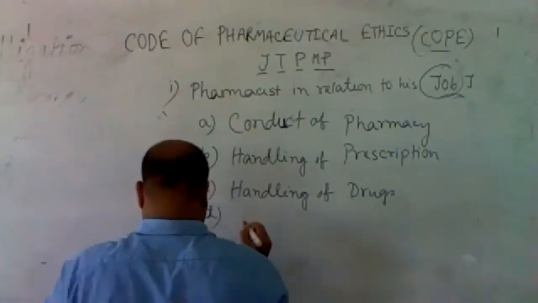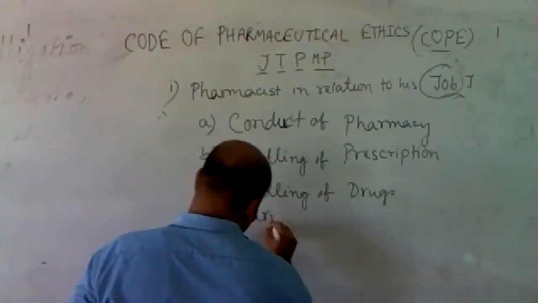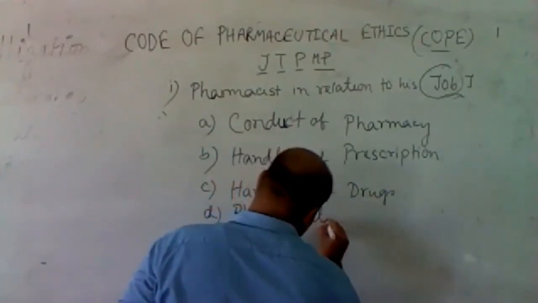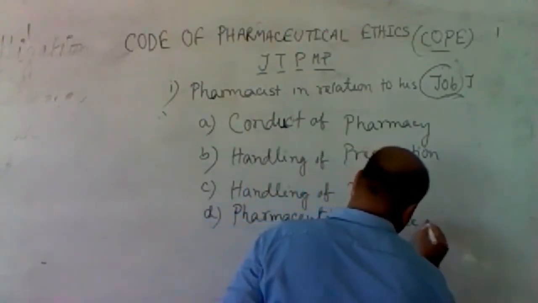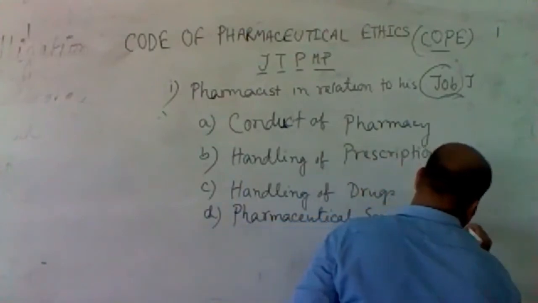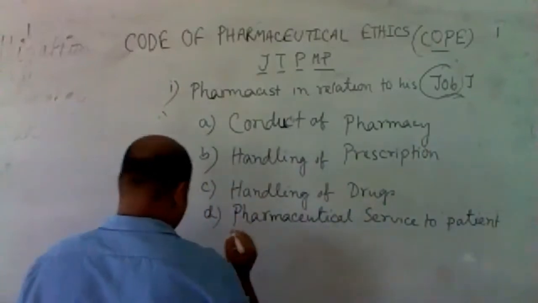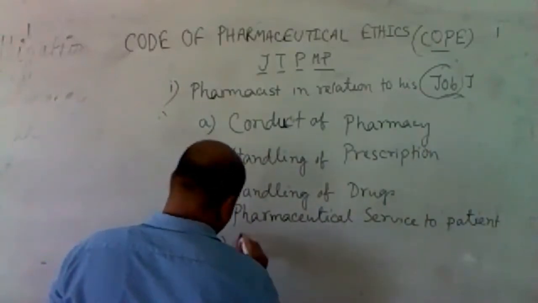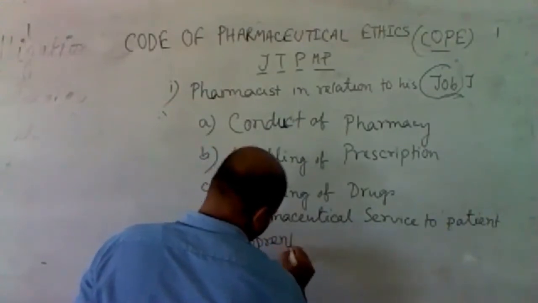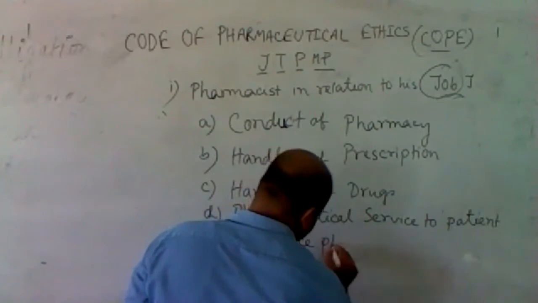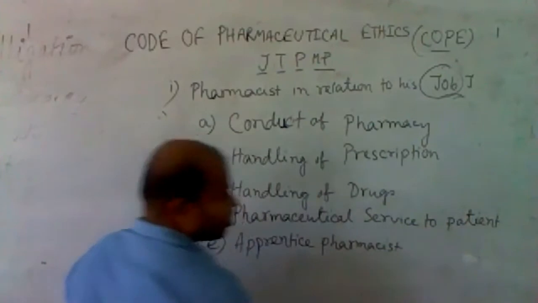D is pharmaceutical service to patient, and E is apprentice pharmacist.